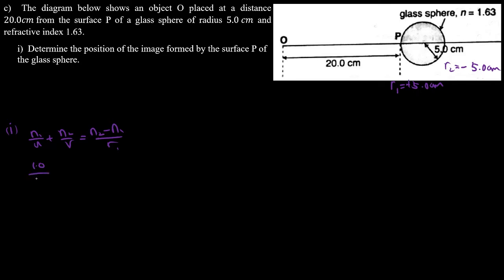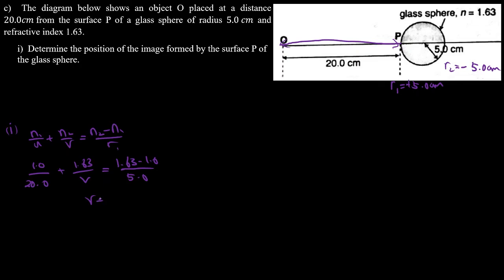And then what is your object distance? Your object distance is from the surface P to the object, which is 20.0 centimeter. So your u is 20.0 centimeter. Then n2 is 1.63, the refractive index of the glass sphere, and v is what you want to get. And then n2 minus n1 is 1.63 minus 1.0, divided by r, which is positive 5.0.